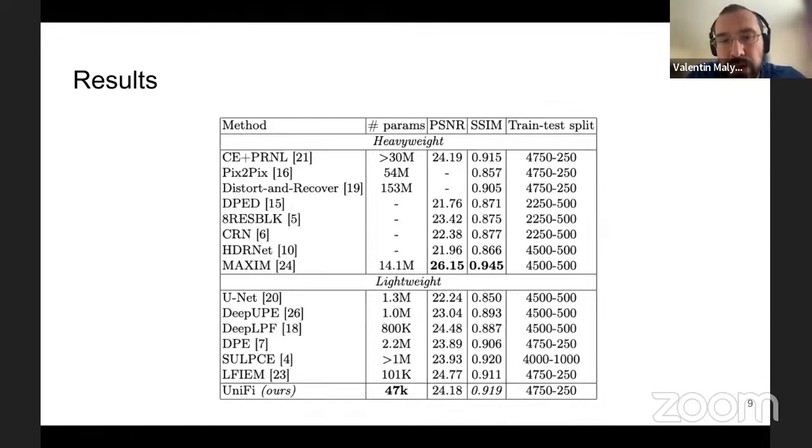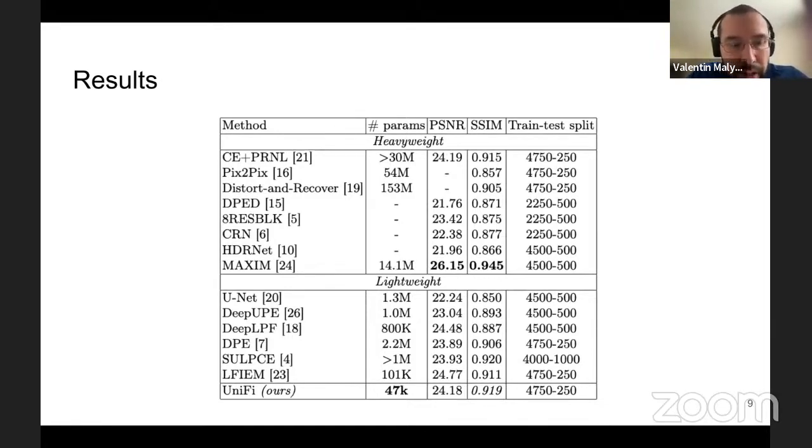Some works use the setup as we do, the 750 to 250, but some of them use totally different splits, and we cannot do anything about it. We chose the one which seemed best to us because it's used by the majority, but it's not an overwhelming majority, just the majority.